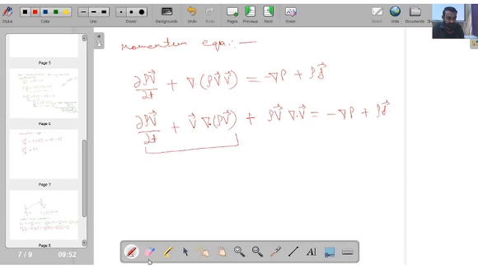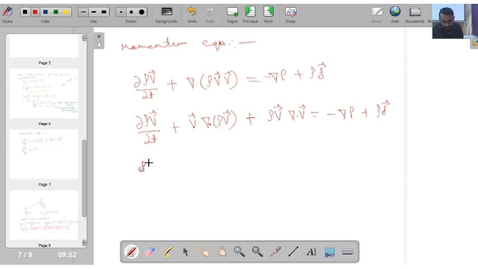So what is this term? First term, one another thing let's do: split this first term also.